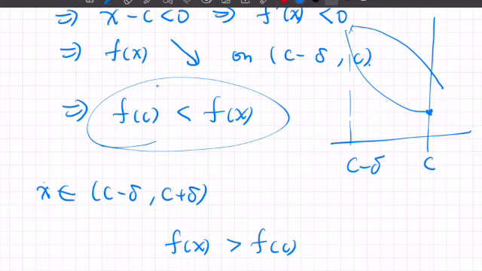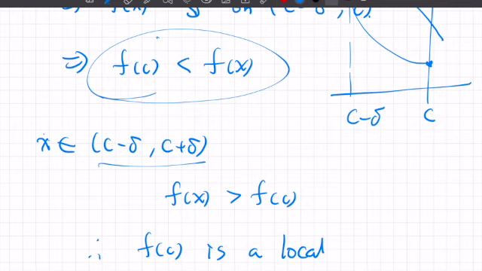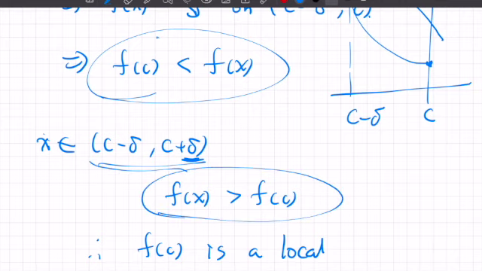Okay, and of course, f of x is continuous in this interval, so this means f of c is a local minimum. Now, this was the definition. There is some delta such that within this interval, this inequality holds. Therefore, f of c is a local minimum. And the proof is done.